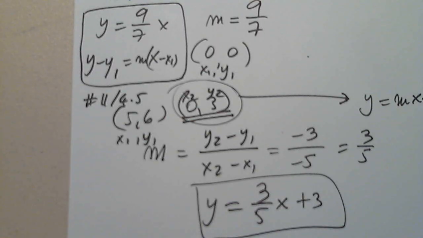So they didn't want us to use the y-intercept. They wanted us to use y minus 6 equals 3/5 x minus 5. This is incorrect.